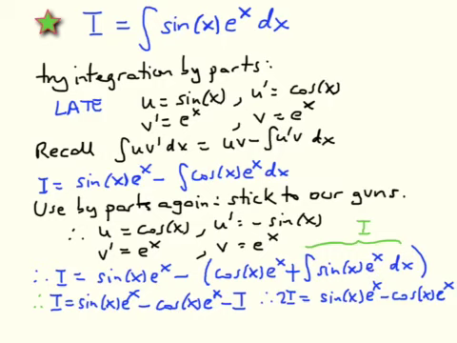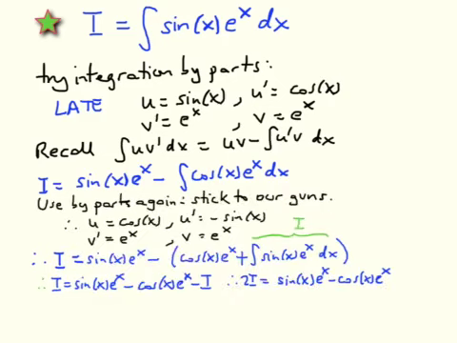So therefore dividing both sides by 2 will give us our initial integral. So therefore we conclude that our initial integral, the integral of sine x times e to the x, is equal to 1/2, and there's a common factor of e to the x, so I'll take that out, and it is sine of x minus the cosine of x, close brackets, all times e to the x, and then there is some arbitrary integration constant.